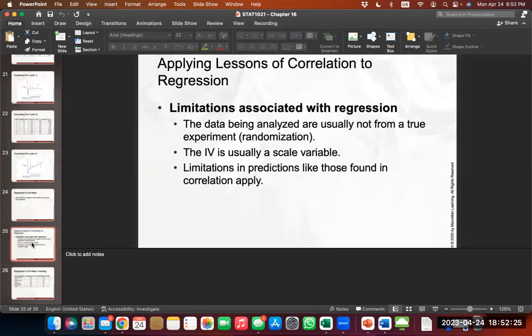The limitations are that correlation is very often used for retrospective data, and this is really the most often seen use case. So you have collected data for whatever reason or purpose. You have data from the electronic health records, or you have data from previous experiments or surveys or questionnaires.